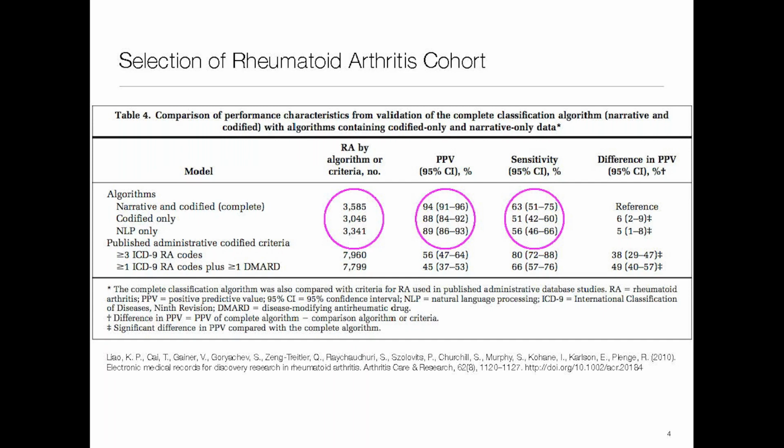And not surprisingly, when you put them together, the joint model gave us about 94%. Okay, so that was definitely an improvement. So this was published in 2010, and so this is not the latest hot off the bench results, but to me it's a very compelling story that says there is real value in these clinical narratives.